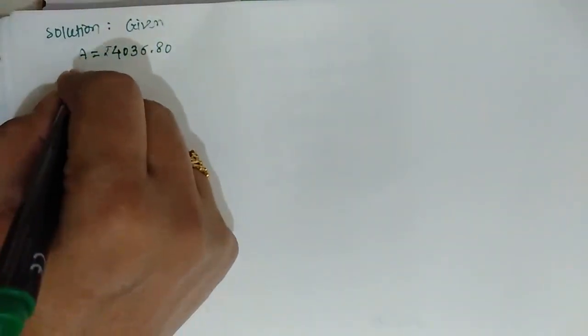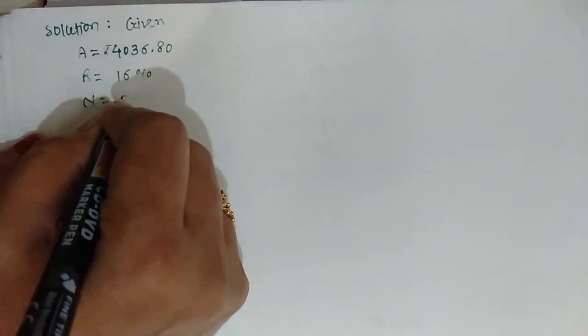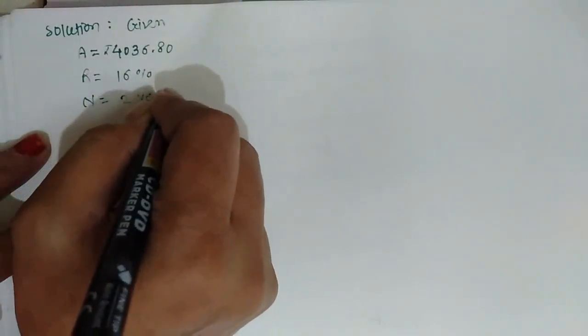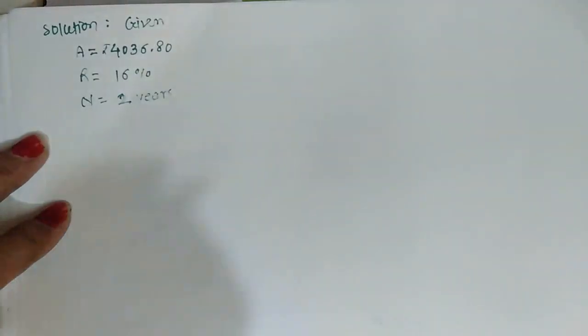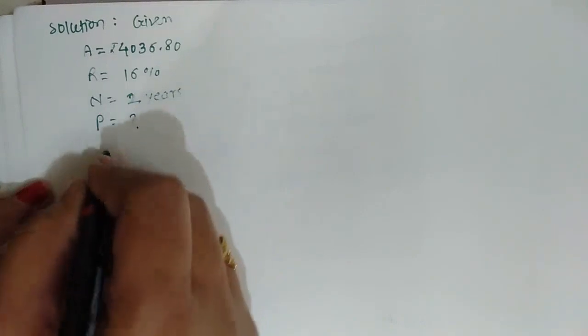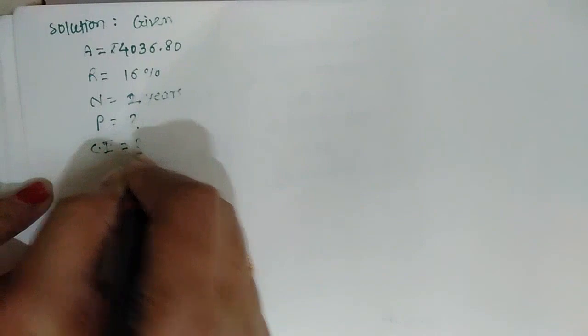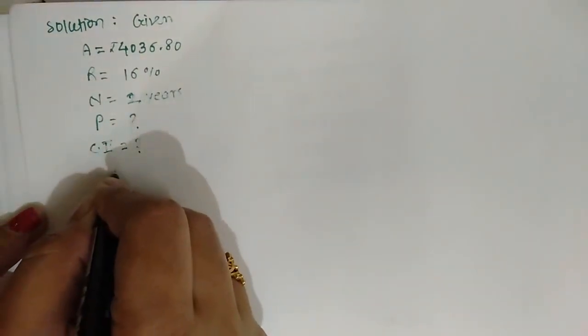Firstly write down the given things. A is equal to 4,036.80 rupees. R is equal to 16%. N is equal to 2 years. P equal to question mark. Compound interest equal to question mark. So firstly write down the formula.